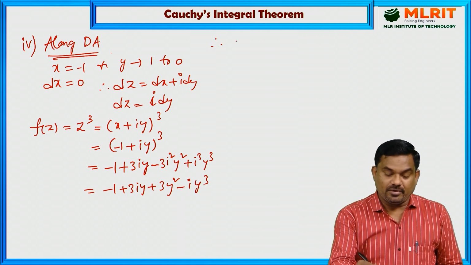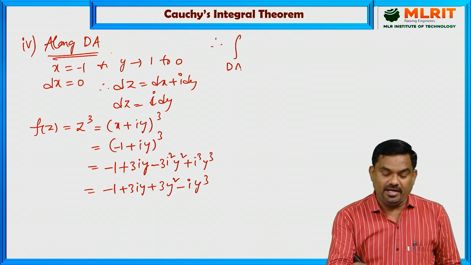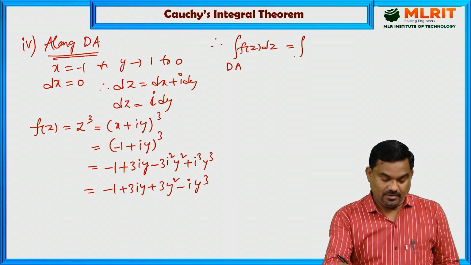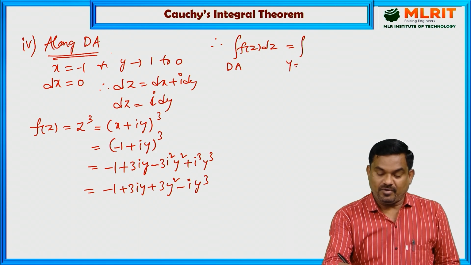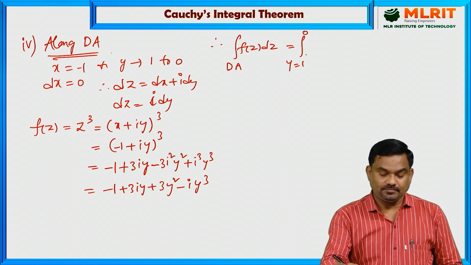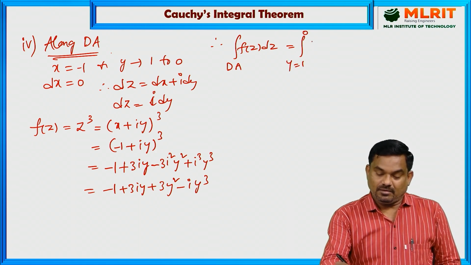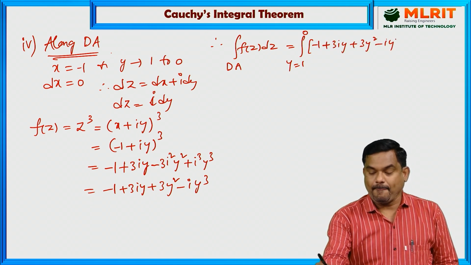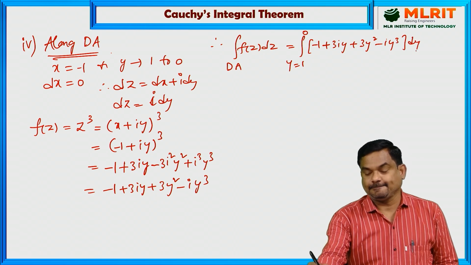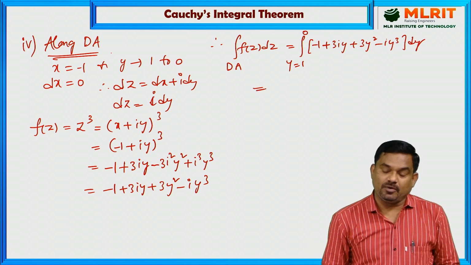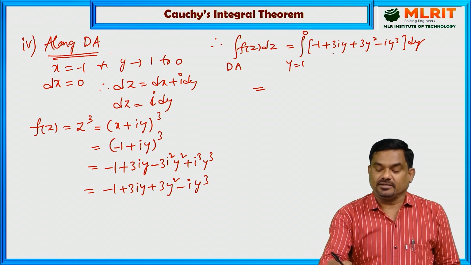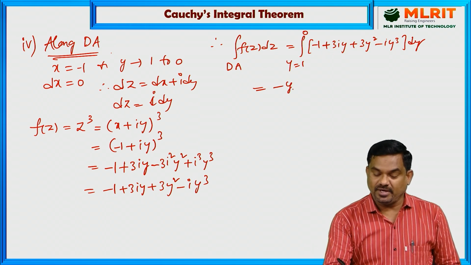So therefore, the line integral along DA f of z dz is equal to integral with y from 1 to 0. We need to integrate this function with respect to y. So this is equal to, now integration of a constant gives the variable itself, so minus y.